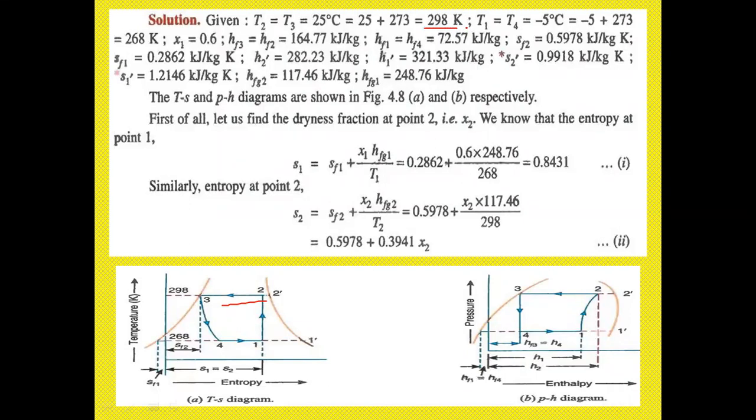And T1 is equal to T4, that is equal to 268. And X1 is 0.6. HF3 is equal to HF2, HF3 is equal to H4.